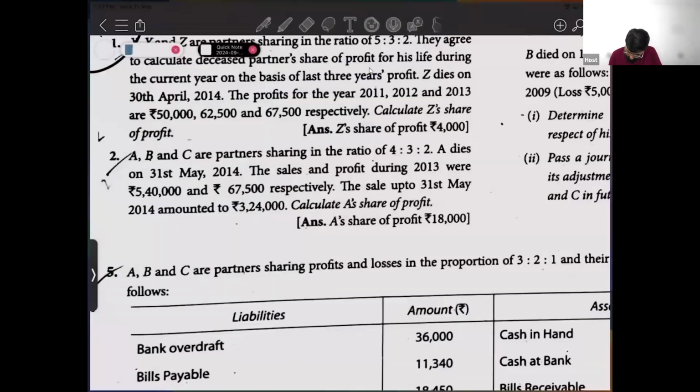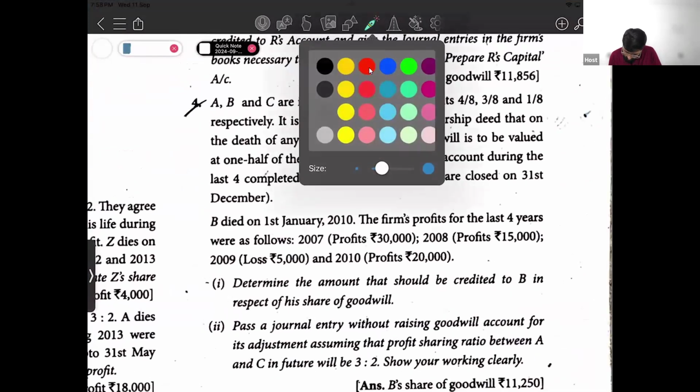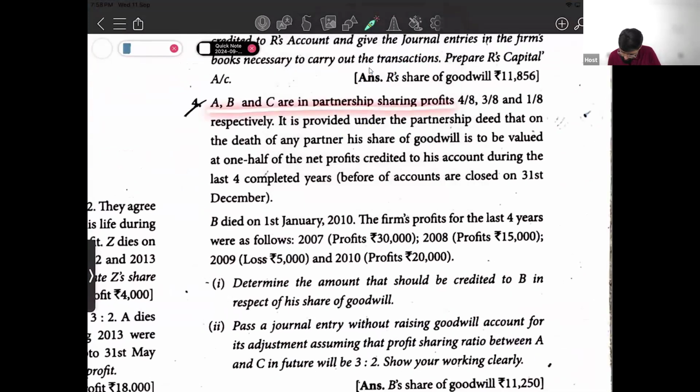Number 4. This is from chapter 3, retirement, the goodwill concept. A, B, and C are partners sharing profits in the ratio 4:3:1 respectively.